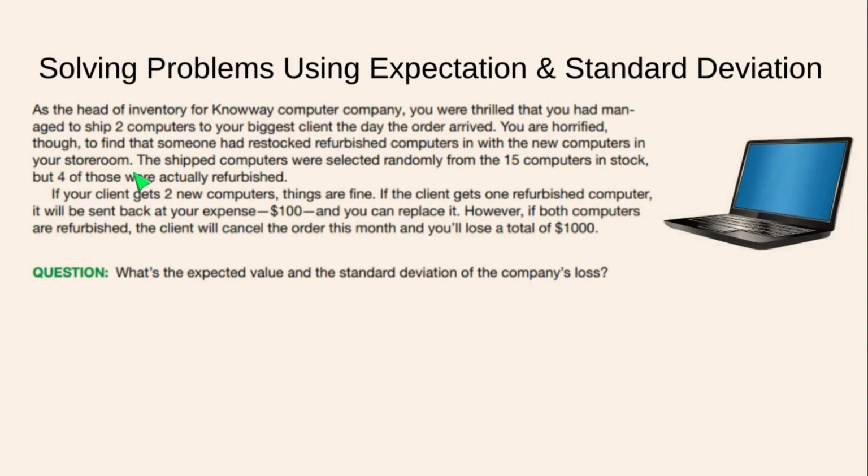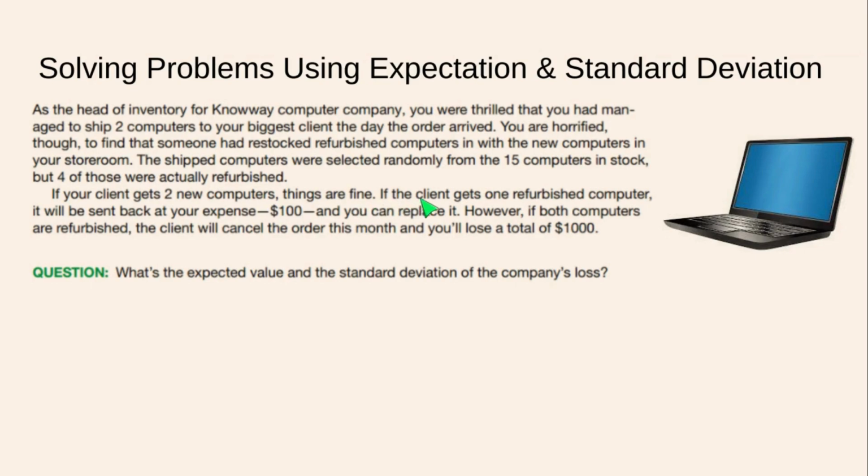How dare they? The shipped computers were selected randomly from the 15 computers in stock, but 4 of those were actually refurbished. Oh no. So if your client gets 2 new computers, things are fine, hunky-dory.